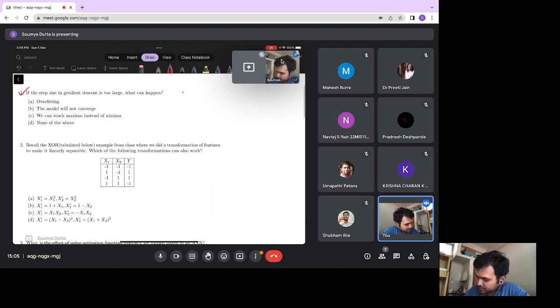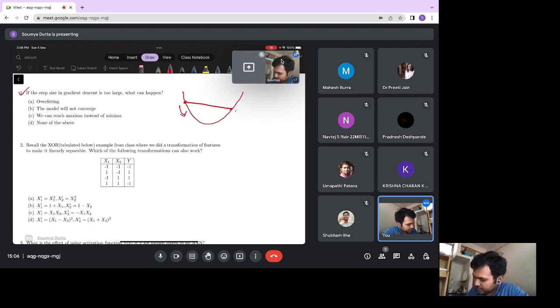If this is your loss function, and suppose you are at this particular point which I am marking out, and the gradient descent is asking you to take a step in this particular direction, and you have a very big step size, then you can go directly here, and from here the gradient will ask you to move towards this direction.